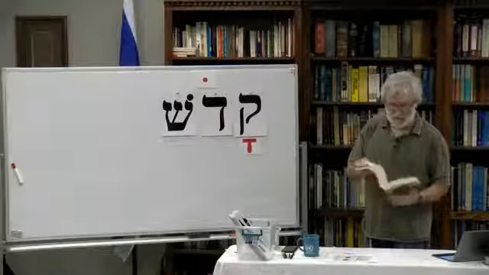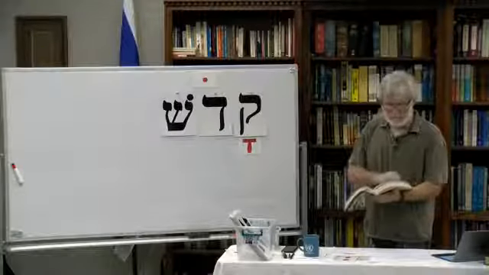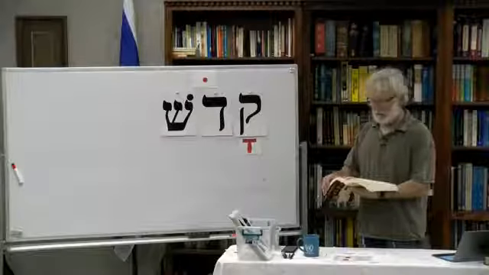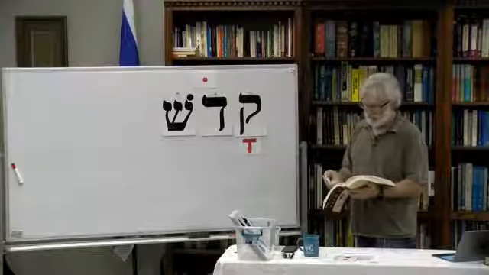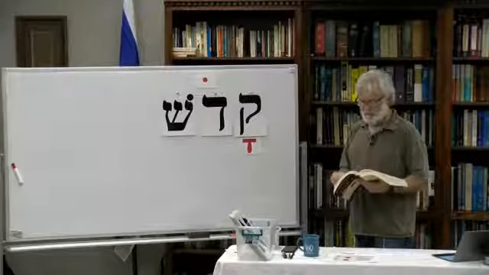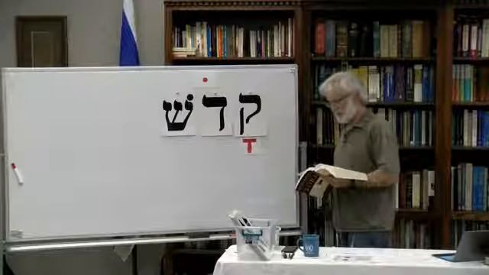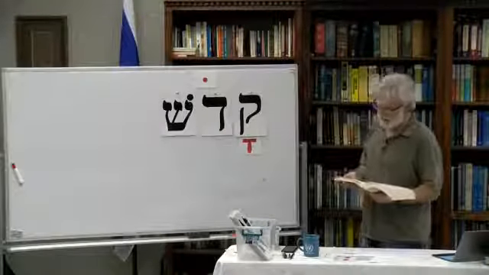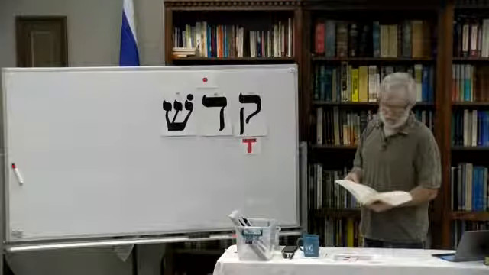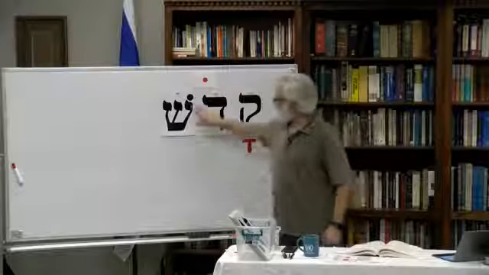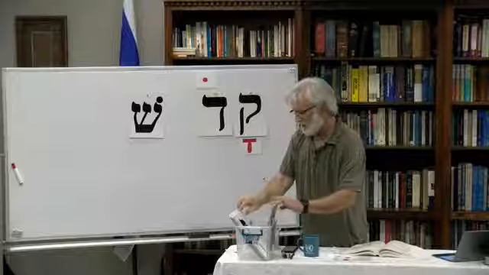If you go to Exodus chapter 19, this is another passage about the people of Israel. In Exodus chapter 19, it says in verse 6, you will be a kingdom of priests and a holy nation to me. A goy kadosh, a holy nation. But in this particular passage, we have the spelling that is full.